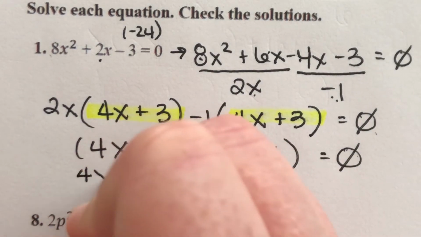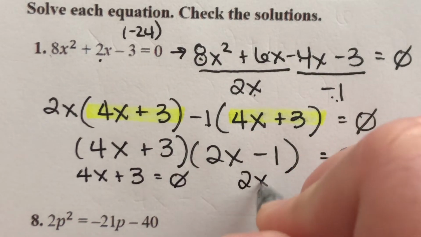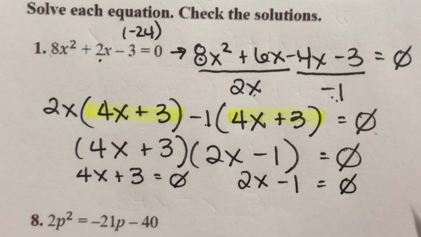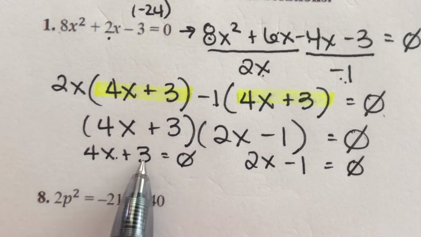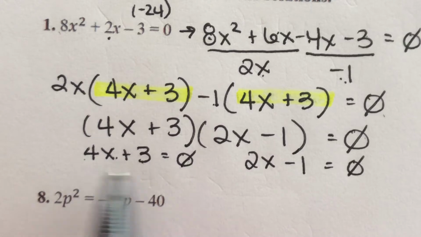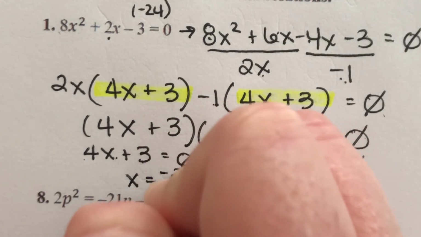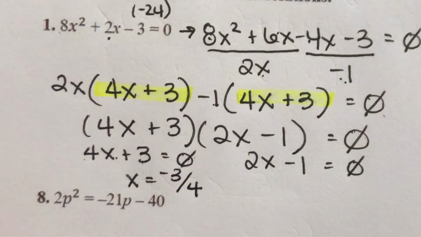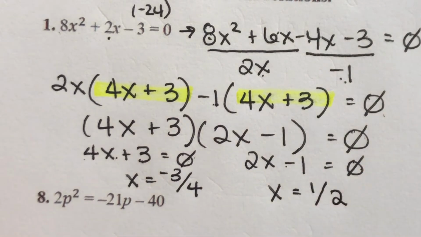So we've got 4x plus 3 equals 0, and 2x minus 1 equals 0. And then that's just algebra, right? Here to get x by itself, I'm going to subtract 3, and then divide by 4. So my answer is actually going to be a fraction, -3 over 4. And here I'm going to add 1 and then divide by 2, so my answer will be 1 over 2.